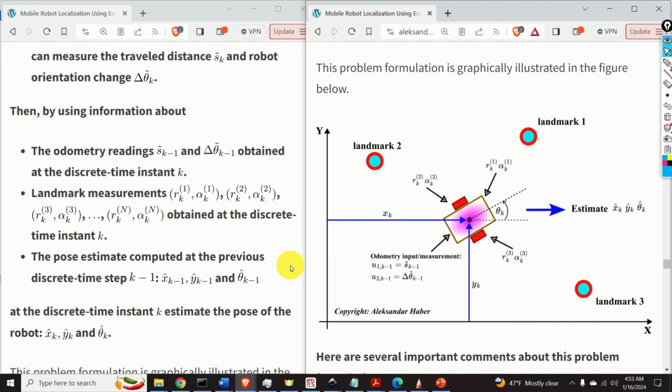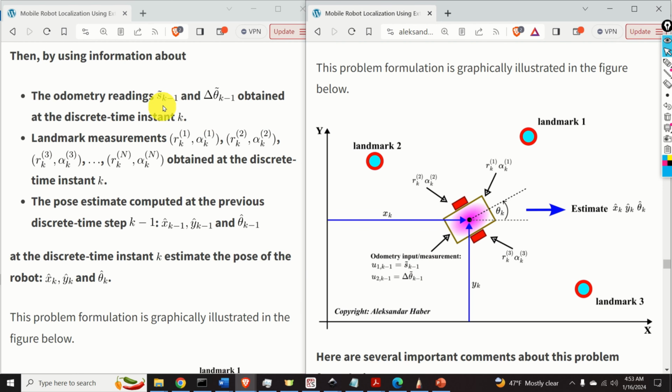Then, by using information about odometry readings, tilde sk-1 and delta theta k-1 tilde obtained at the discrete time instant k, then by using information about landmark measurements, that is, these tuples consisting of the range and bearing angle, obtained at the discrete time instant k, and then by using information about the pose estimate computed at the previous discrete time step k-1, that is, hat xk-1, hat yk-1, and hat theta k-1, at the discrete time instant k, estimate the pose of the robot, that is, estimate xk hat, yk hat, and theta k hat.